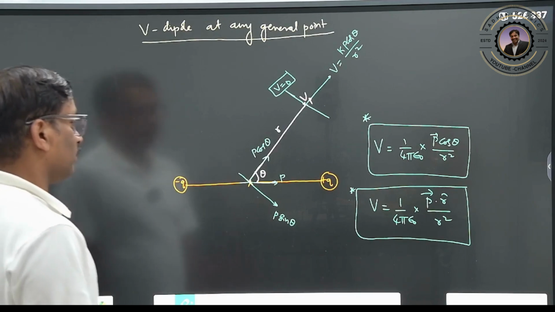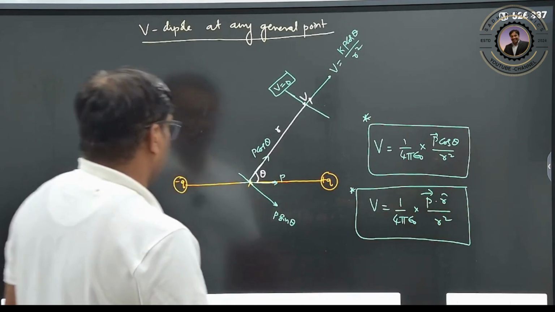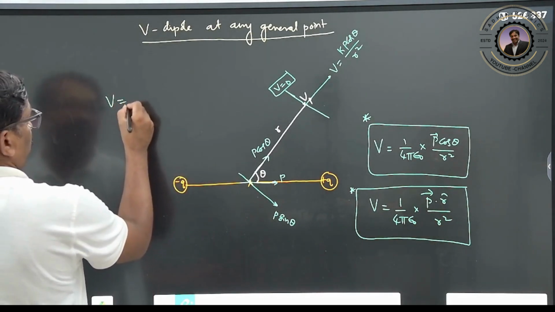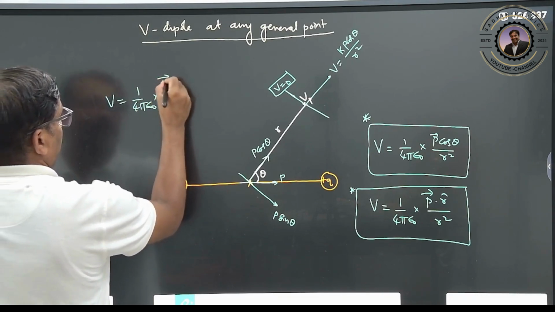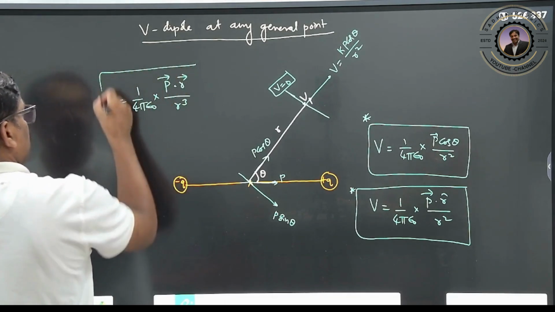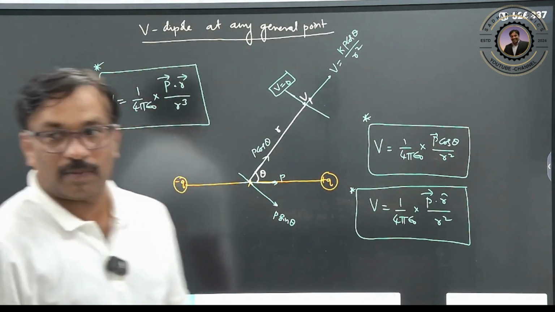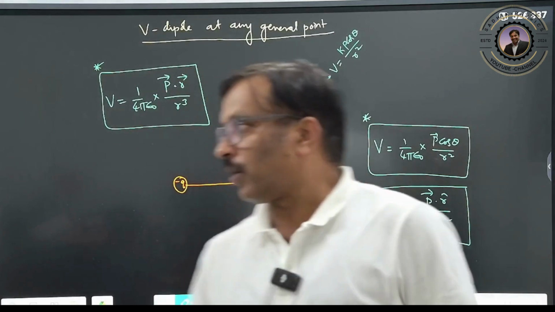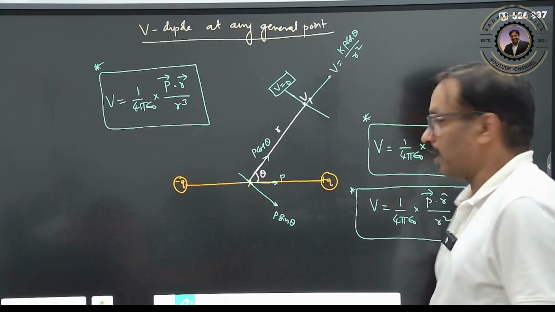If you use the r vector by r cube, you can write for any general point 1 by 4 pi epsilon naught into p vector dot r vector by r cube. So this is your potential due to the dipole at any general point. Clear? Very important concept, so try to go through it thoroughly.